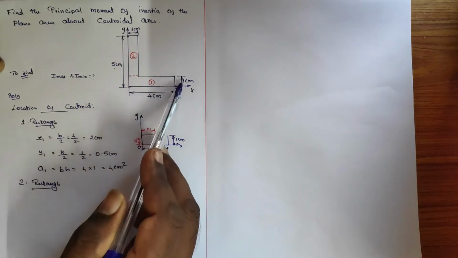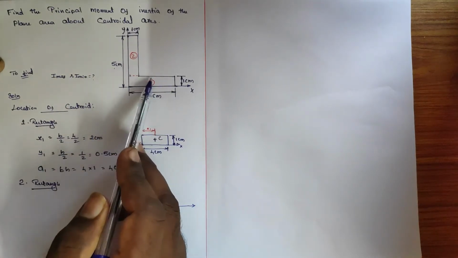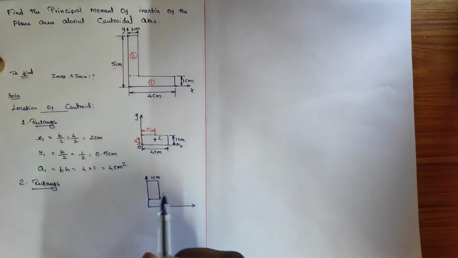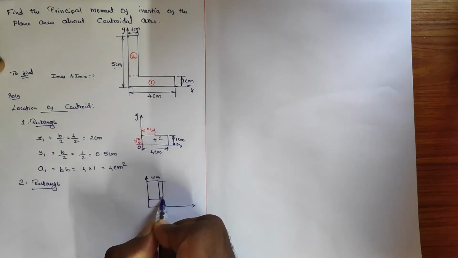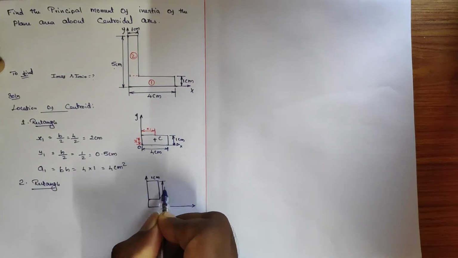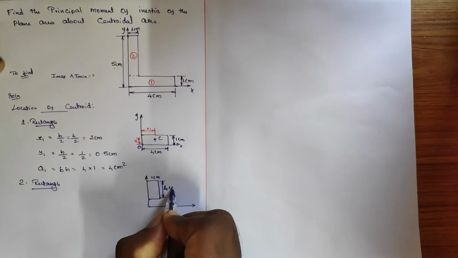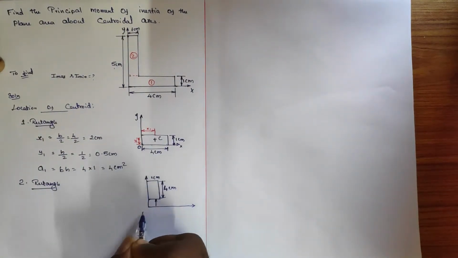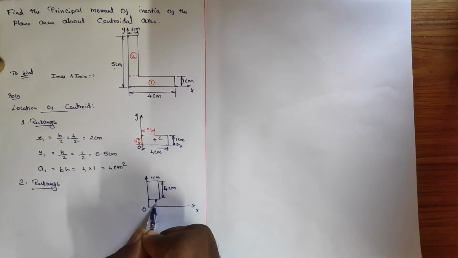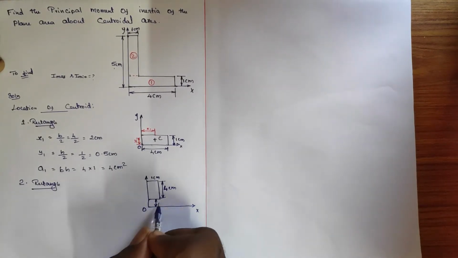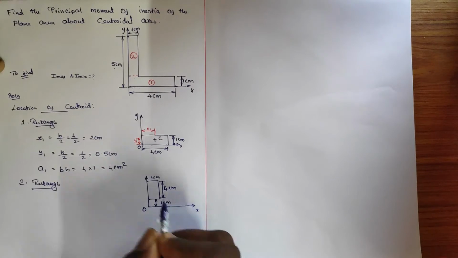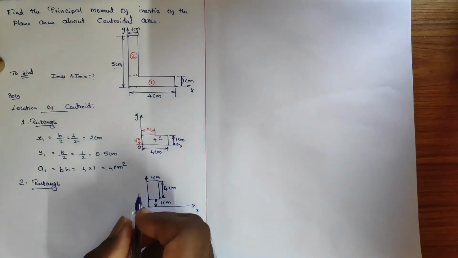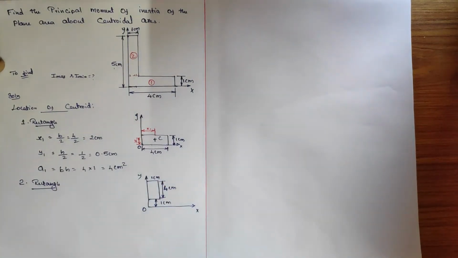This thickness is 1 centimeter, so 5 minus 1 we get 4 centimeter. What about the gap between this and the OX axis? It will be 1 centimeter, the thickness of this ray. Okay, so this is Y.